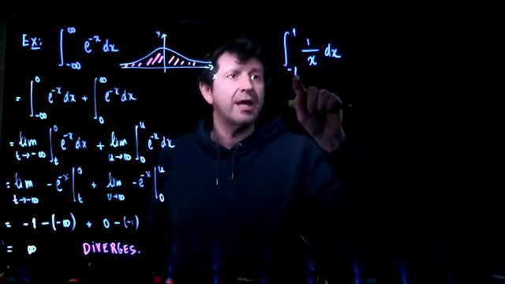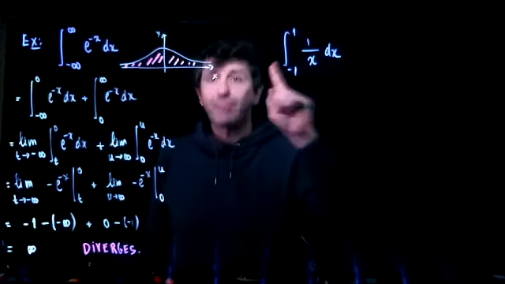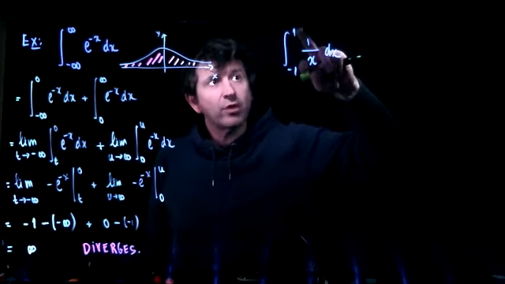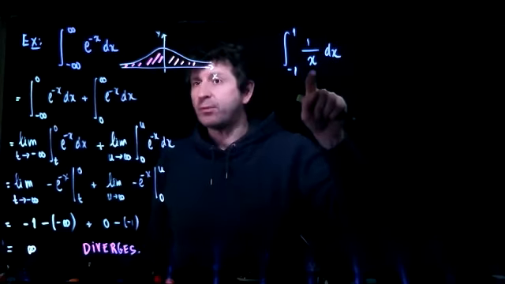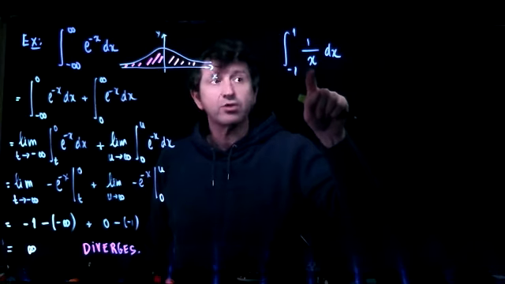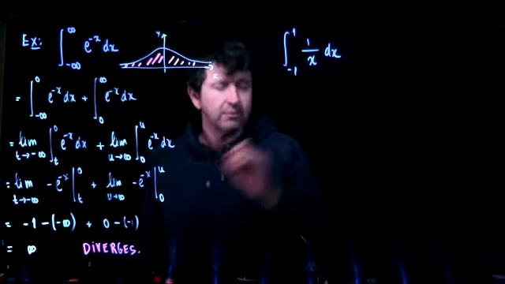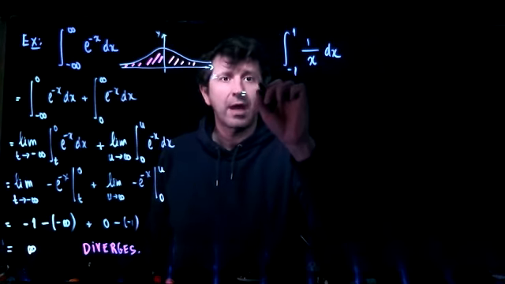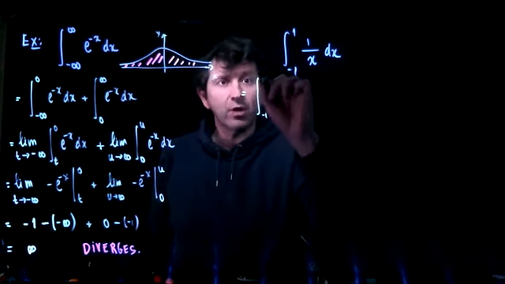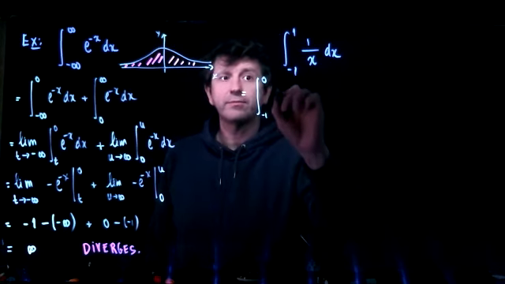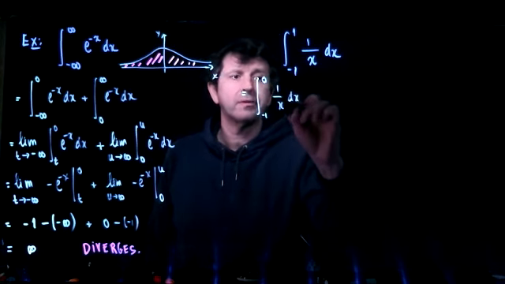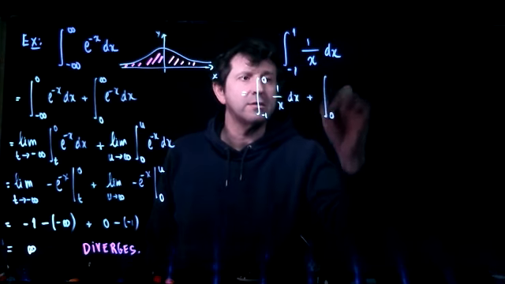At -1 there's no problem, at 1 there's no problem, but between -1 and 1 there is 0, and at 0 there's a problem. So this function has a problem at 0, and I need to rewrite it as -1 until 0, because there's a problem there, and then 0 to 1.